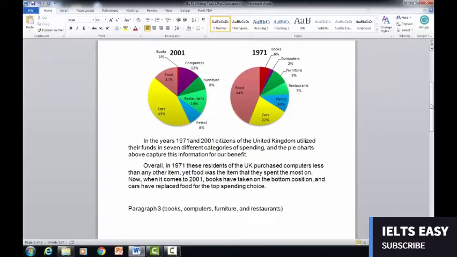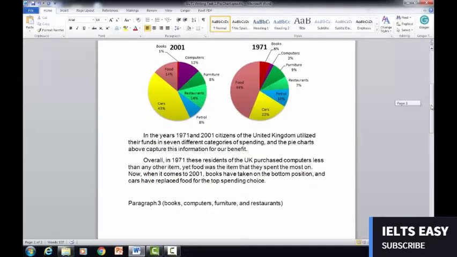That's all, everybody. Compare the numbers. So for books, we can see that books in 1971 are at 6%, and then in 2001 they fell to 1%. And we see computers rose from 2% to 12%. So that's going to make up our first sentence.